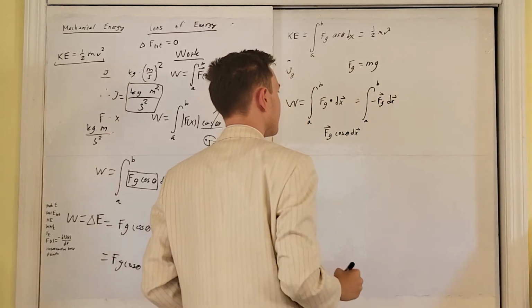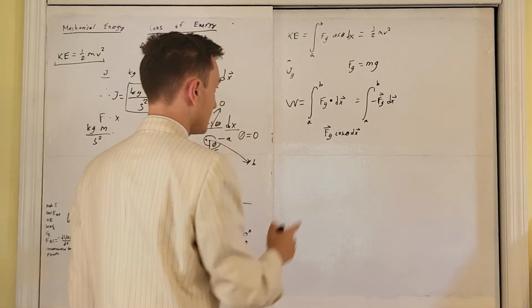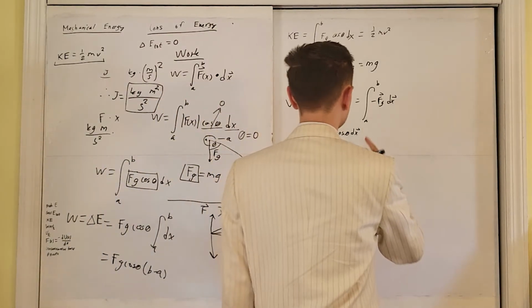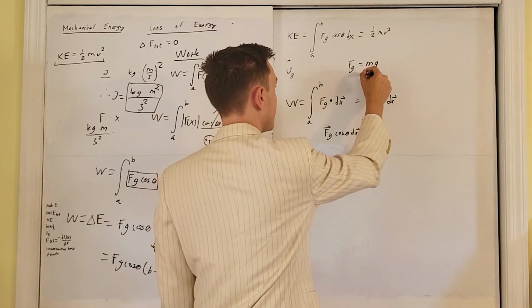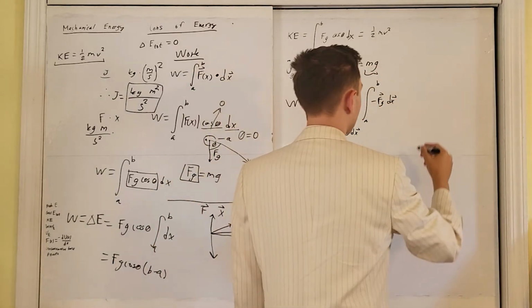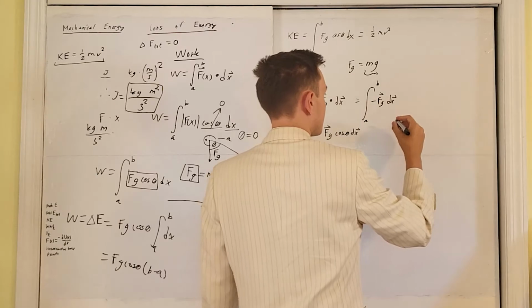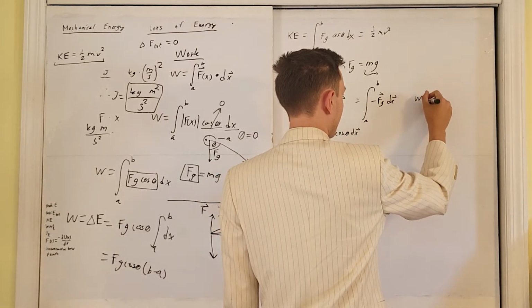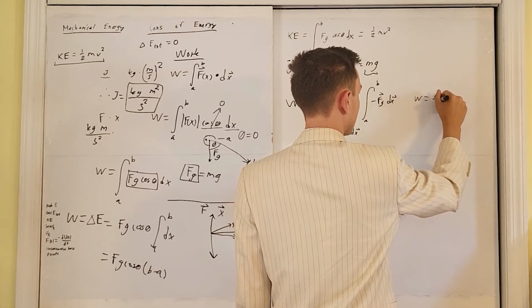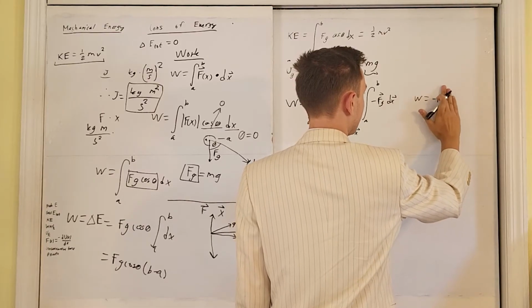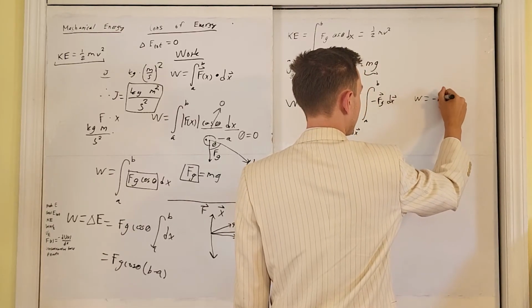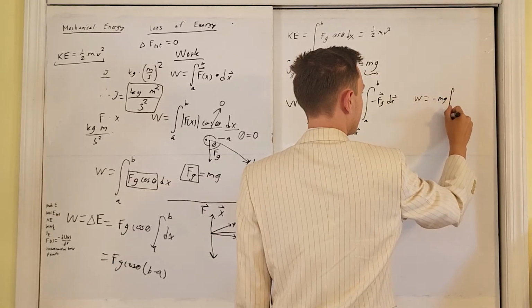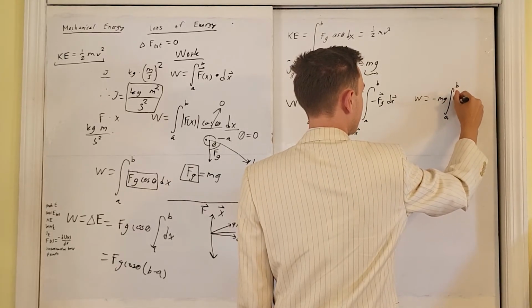Okay? So let's try and evaluate that integral. First of all, gravitational force is a constant in this example, so we can take that out of our integral. So therefore, the work being done by the marker is equal to the negative force of gravity, or rather I could rewrite that as mg, multiplied by the integral from A to B dx.